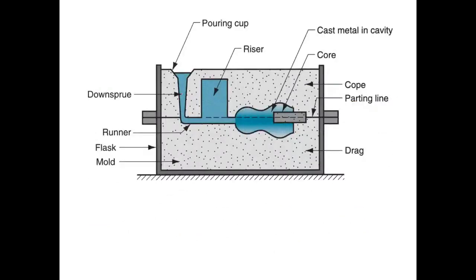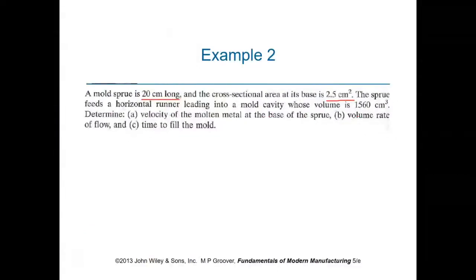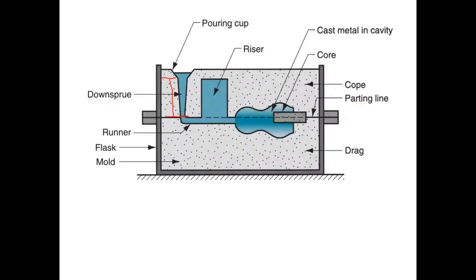Where is the sprue? One more time. This is the sprue, so the height is given from here up to this point. This is H, and also the cross-sectional area of this section is given. The sprue feeds a horizontal runner leading into a mold cavity whose volume is given. Back to the figure again.